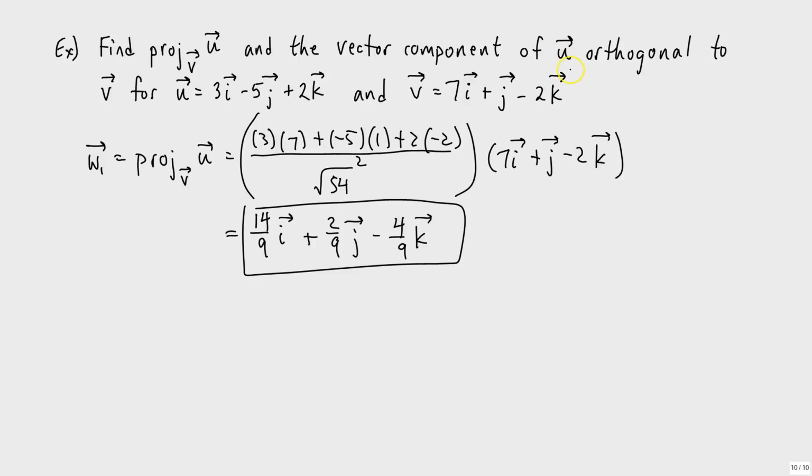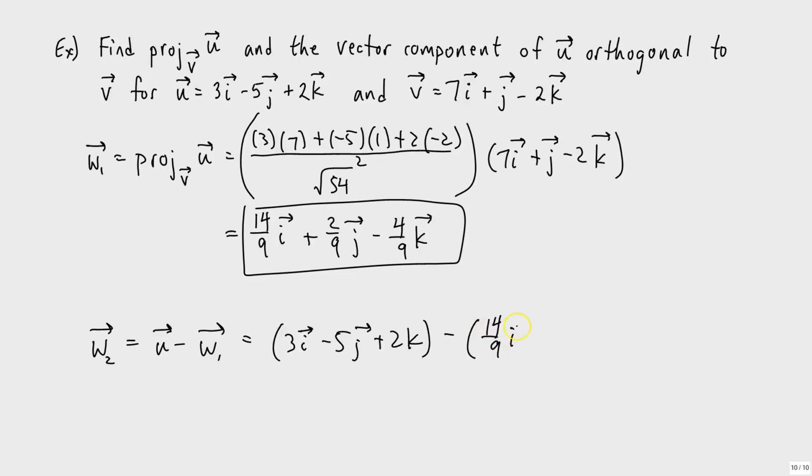And what if we want that other vector, which we were calling W2 in our picture? That's going to be u minus the projection. So that's going to be 3i minus 5j plus 2k minus (14/9 i plus 2/9 j minus 4/9 k).